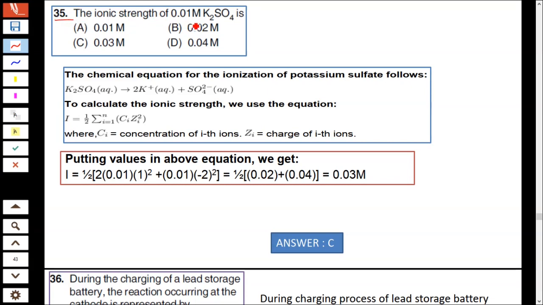Question number 35. Ionic strength of 0.01 m potassium sulfate is. If we split potassium sulfate, K2SO4 gives 2K plus and SO4 2 minus.